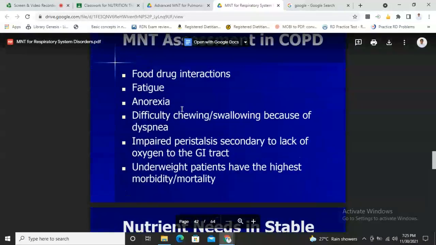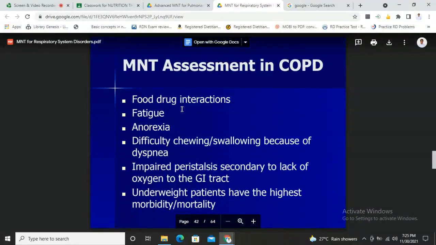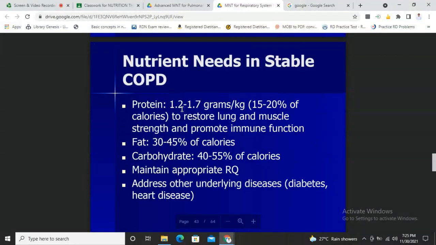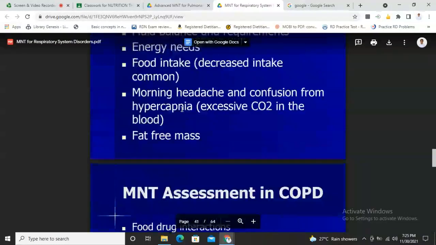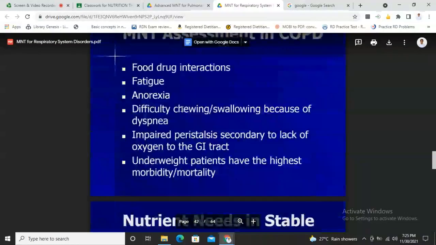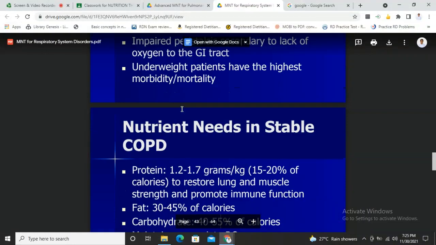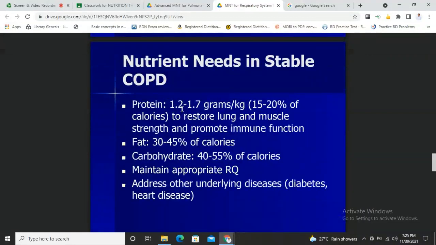So those are the approaches we use. In estimating the energy needs, of course, indirect calorimetry is the gold standard. But again, if not available, then we can use the PENU formula.